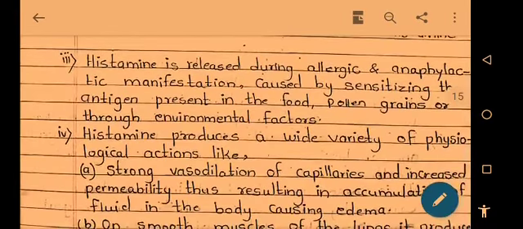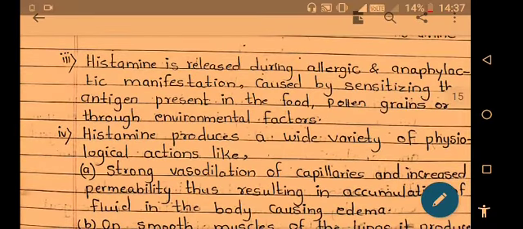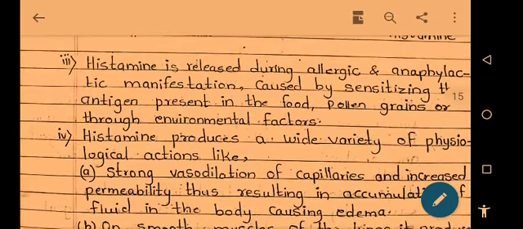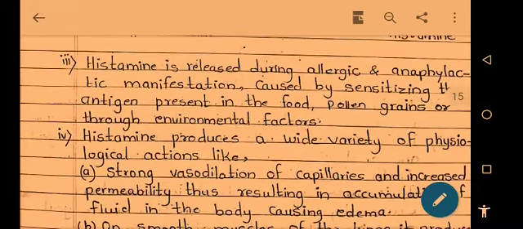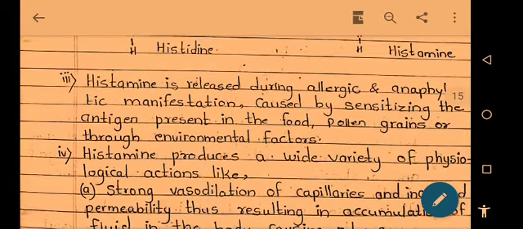Okay. So this histamine is released during the allergic anaphylactic manifestation caused by sensitizing antigens present in food, pollen grains, or through environmental factors.